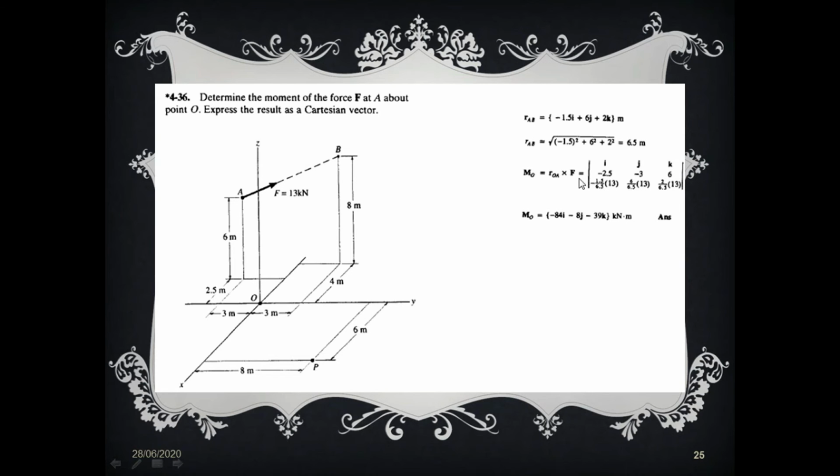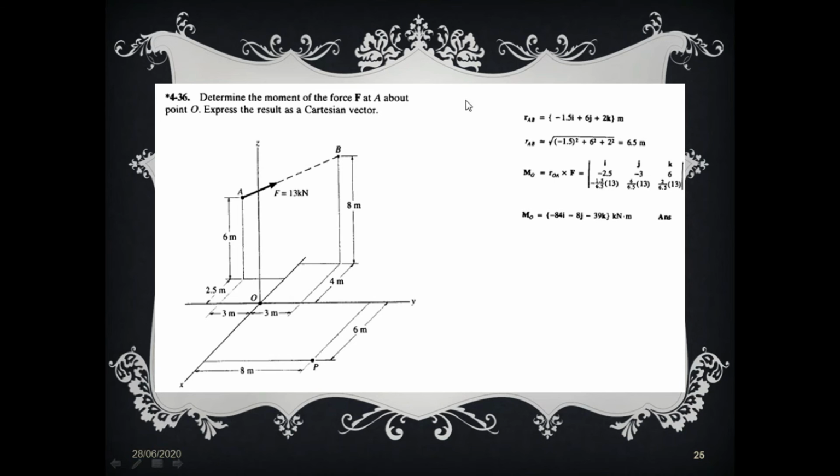If you do it correctly, you will get your moment in Cartesian vector form, and it will be -84i minus 8j minus 39k kilonewton meter. So this will be the moment about O. This is MO equals ROA cross F.